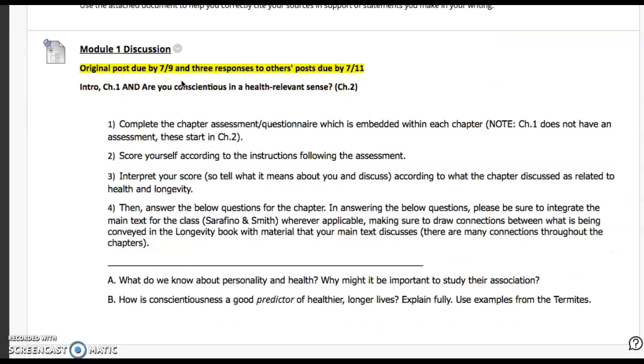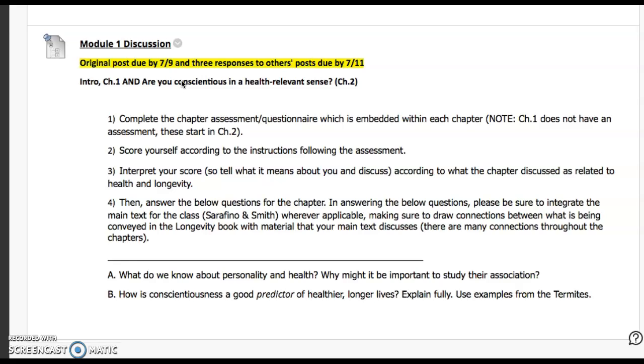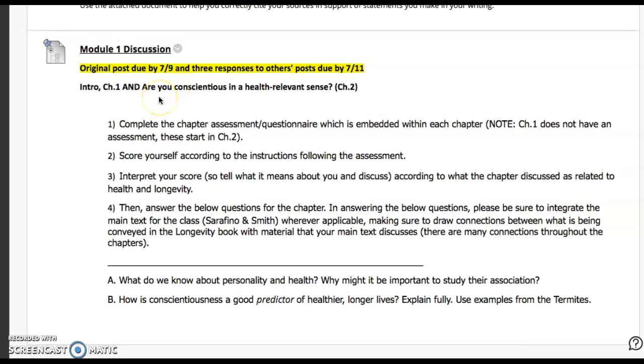So this is your first assignment. It's your first discussion board posting, and it's going to be based on chapter 1 of the main text, but also the introduction, chapter 1 and chapter 2 of the longevity book.